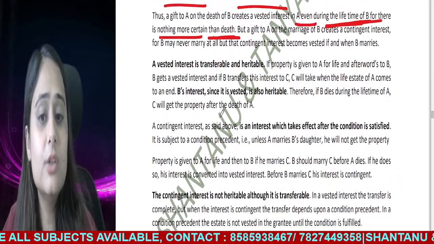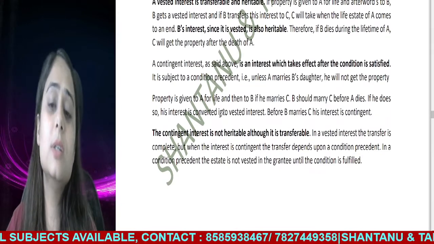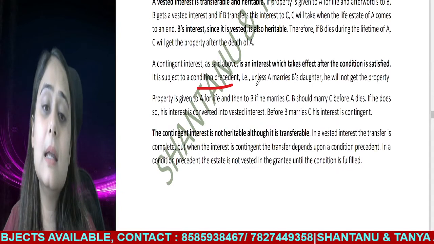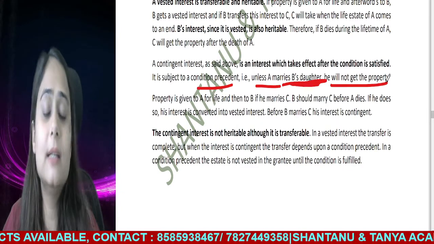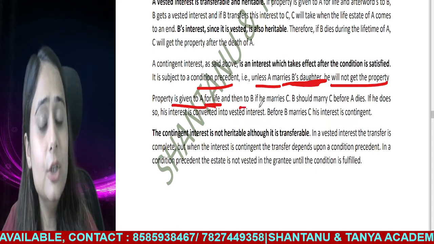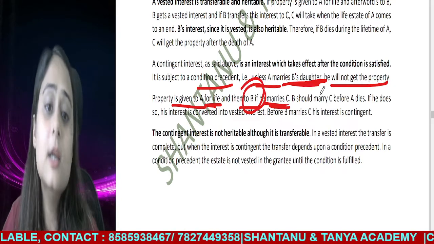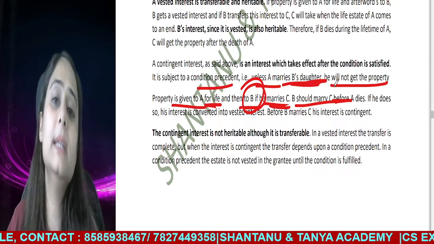Now, a contingent interest, as said above, is an interest which takes effect after the condition is satisfied. It is subject to a condition precedent, that is, unless A marries B's daughter, he will not get the property. Property is given to A for life and then to B if he marries C, correct? So, there is a condition. B should marry C before A dies, then only he will get the property.